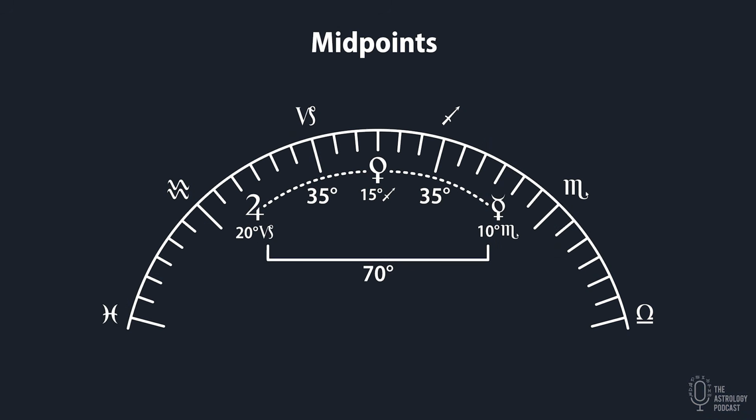So, for example, if in our diagram Venus was at 15 degrees of Sagittarius, then Venus would be at the midway point between Jupiter and Mercury, which then has, in effect, the thought of combining the meanings of those three planets in different ways. So, midpoints can be done either by natal placement or through transits or directions. There's actually lots of different ways that they can be used.